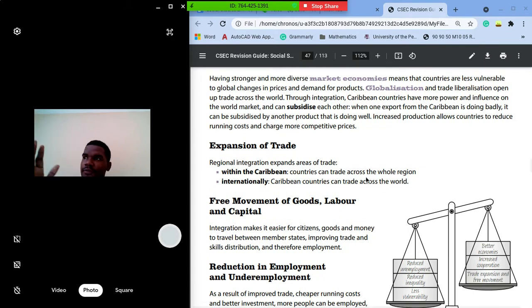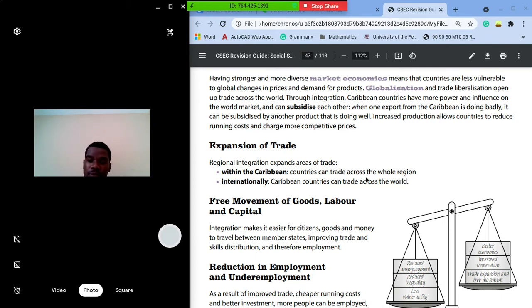So, as I was saying, if my country is a part of CARICOM, the mobility that I have to go to another country that is a part of CARICOM is way easier compared to if I want to move to Australia. Because they've made it easier for citizens to traverse, and therefore have a better way of life.